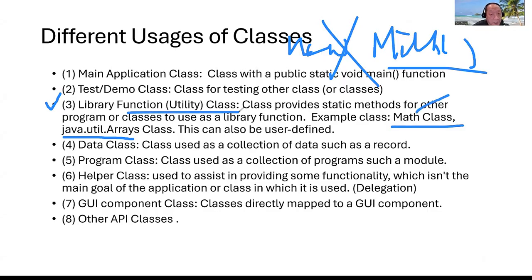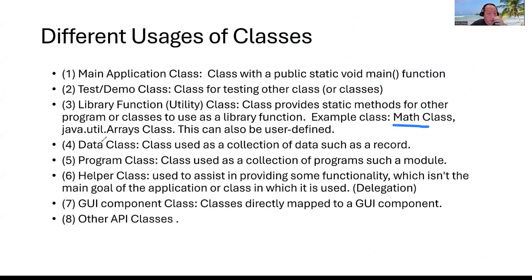Typical ones are the Math class and the Arrays class. Then there's the data class. The point class that we use is called a data class, a class used to store data. A program class is the same as the main class, except some classes only have functions but no main. Okay. These are just a rough classification of different classes.